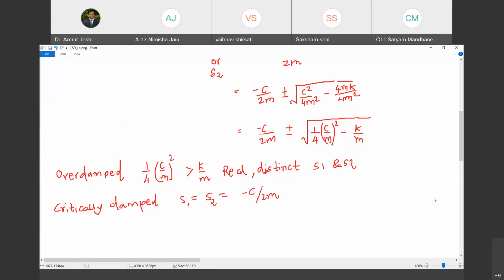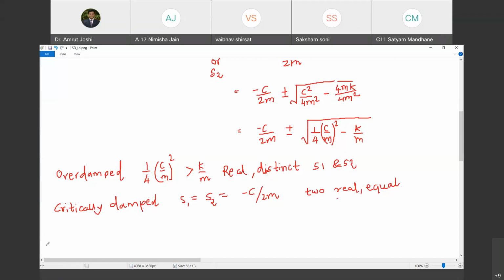Do you agree with me? Yes, sir. And such a system we call a critically damped system. So two real but equal roots.